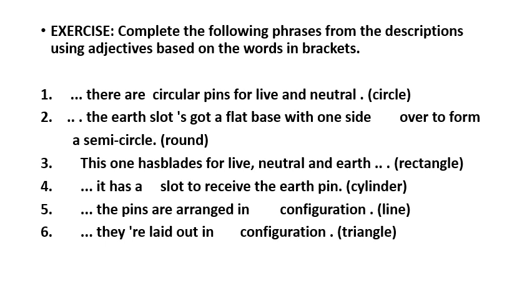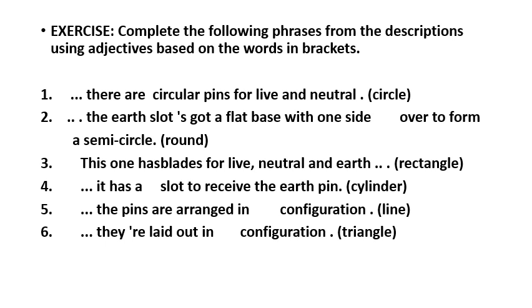Rectangle as a noun, the adjective out of this noun is rectangular. Rectangular, with a U after the G and then LAR. Okay, this one has rectangular plates for live, neutral, and earth.